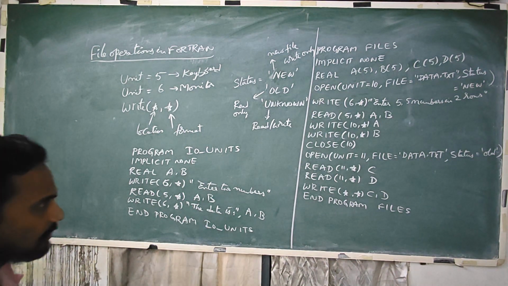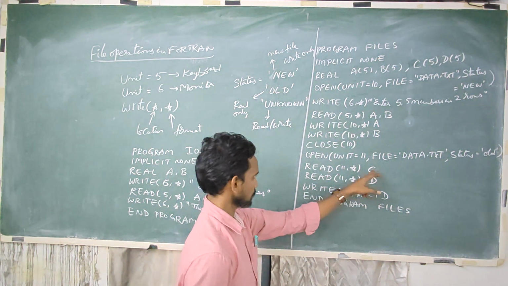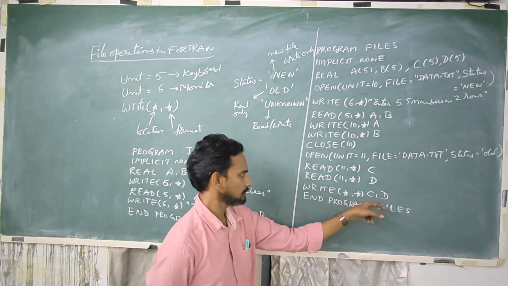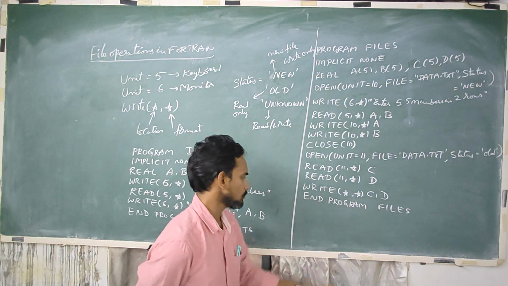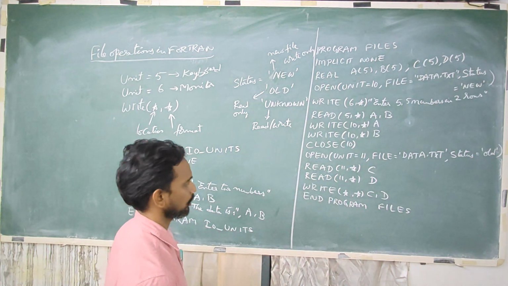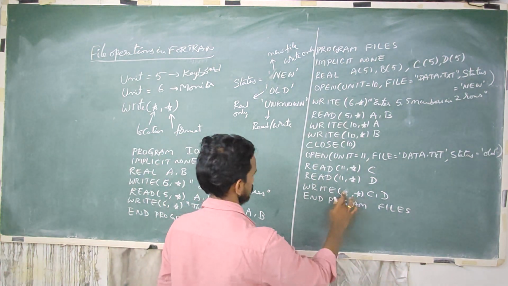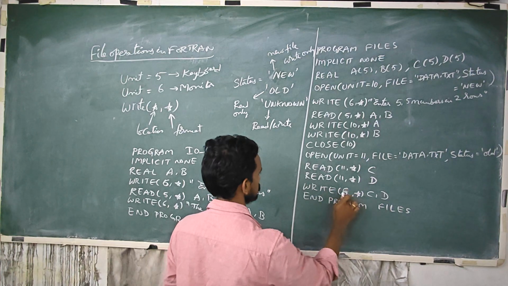So I am reading the data from the files into variable C and D and writing it back onto the monitor. So let's say I can even keep 6 here, otherwise star comma star.